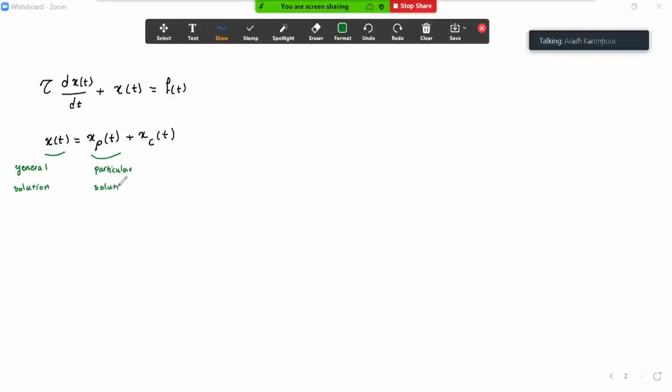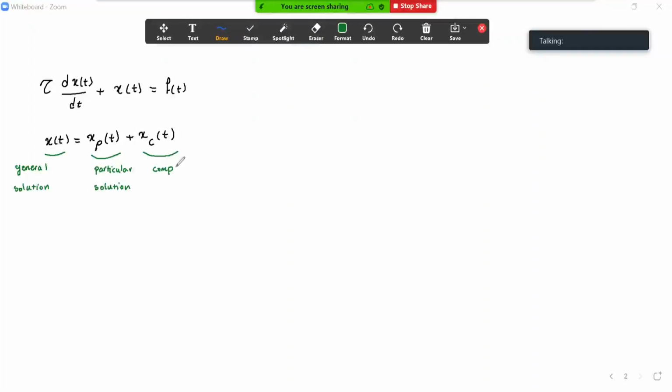And this particular solution is related to the forcing system. So it's the solution that should be satisfied when we have the time dependent source, and this one is the complementary solution.